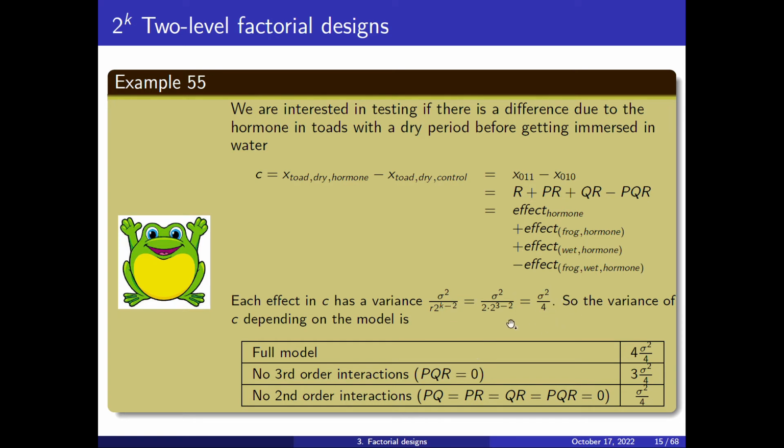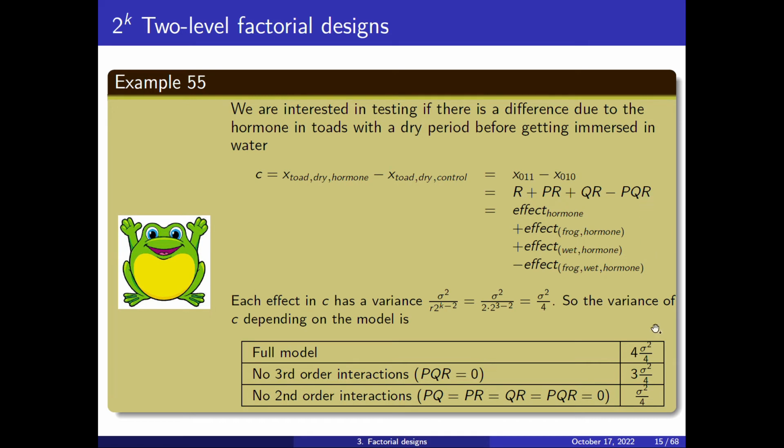So if we have the full model, so when we analyze, we use all the terms in the equation, then in this comparison we have 4 terms of this kind. So these 4 terms will have 4 times this variance. Let's say that we don't estimate the PQR, the third order interactions, then this term doesn't exist.